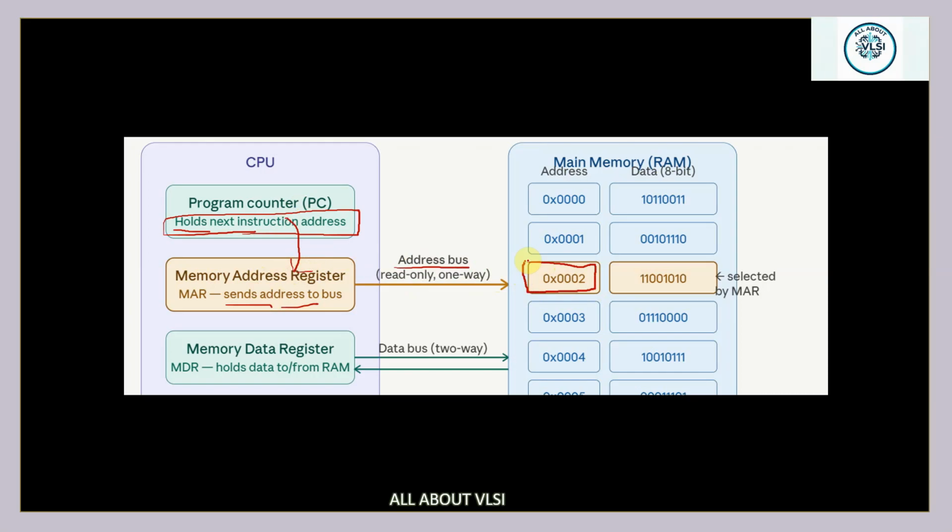From this address, whether it is an instruction or data, we fetch it and hold it using the memory data register. Or if I want to write something into this particular location, I first store the data into the memory data register, and from there I write it into my main memory. So this is how these three registers work with each other, right?